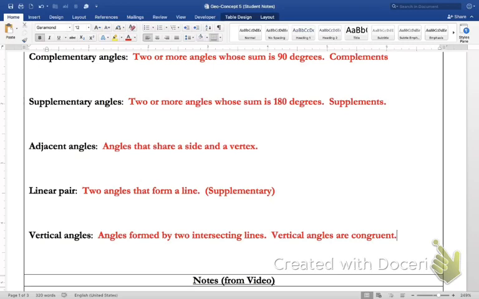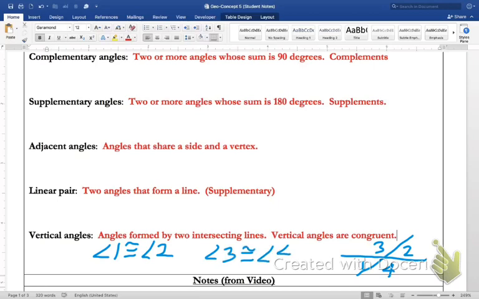If I drew two intersecting lines, and said this is angle 1 and this is angle 2, I could say that not only are angle 1 and angle 2 vertical angles, but they are congruent. If I were to put these other two angles in, angles 3 and 4, angle 3 and angle 4 are also vertical angles, and they are also going to be congruent as well. And we'll talk more about that in a second.